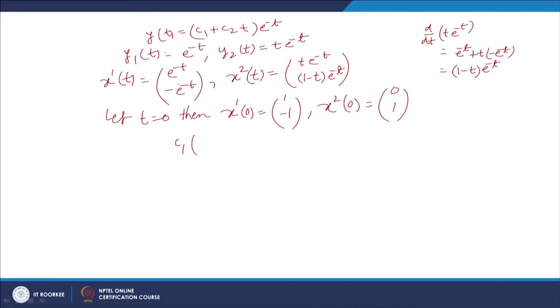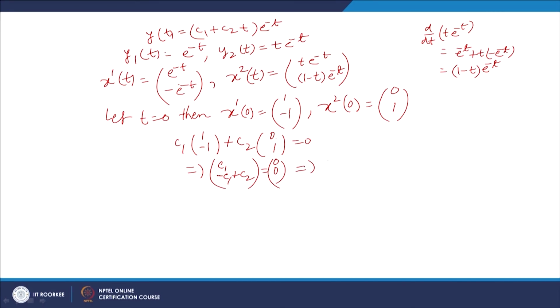So, C1 times (1, minus 1) plus C2 times (0, 1) equal to 0 gives us C1 plus 0, so C1, and then minus C1 plus C2. So, minus C1 plus C2 equal to 0, and the vector is (0, 0).